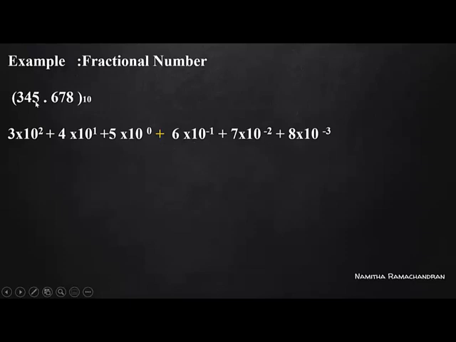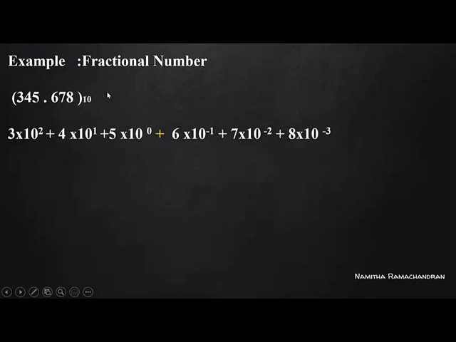Here 5 is present in the unit place, 4 in the 10th place, and 3 in the 100th place. We can calculate the positional value like this: 5 into 10 to the power 0, and 10 to the power 0 is 1 itself, so 5 into 1, 4 into 10, 3 into 100. This is the value of the whole part.